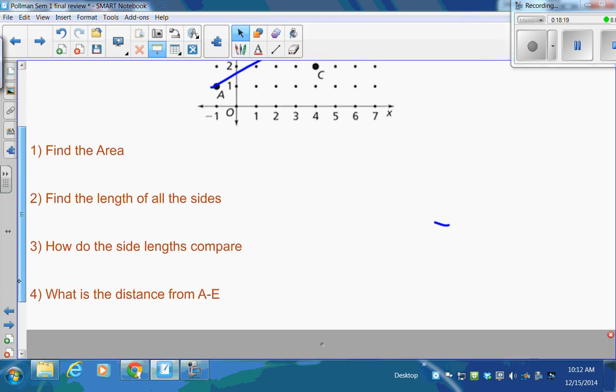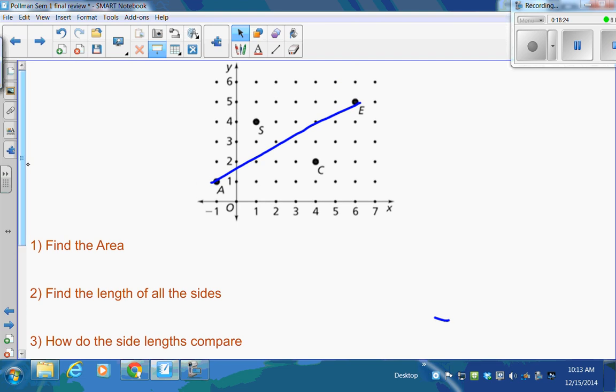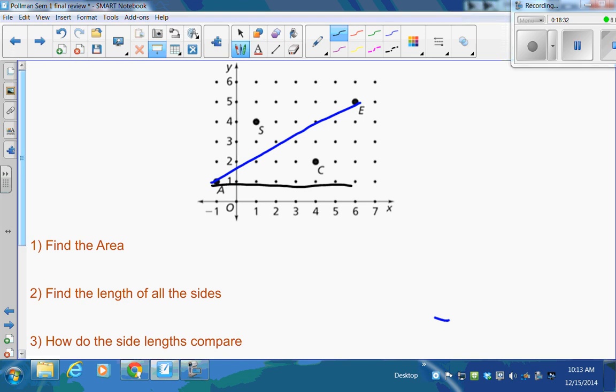It says, what is the distance from A to E? So A to E, I draw a line. If I do this right here, 1, 2, 3, 4, 5, 6, 7, 1, 2, 3, 4, I can do the Pythagorean theorem, and that distance is my distance from A to E.